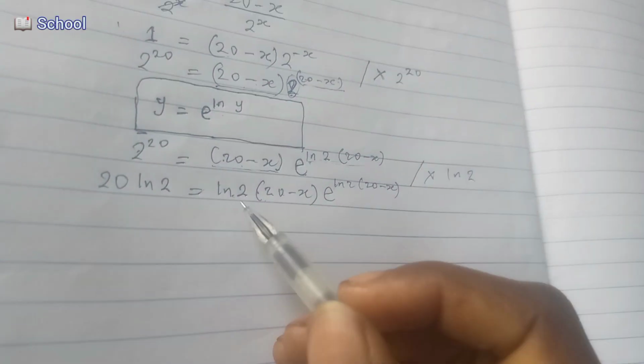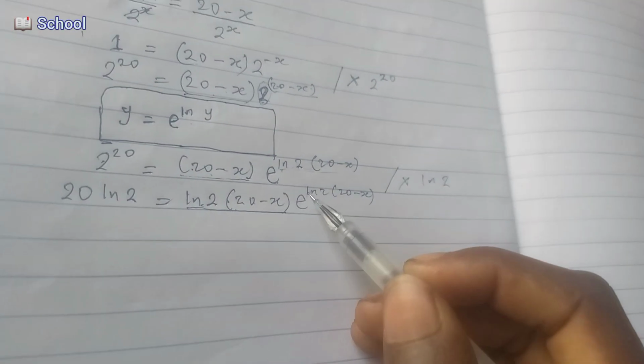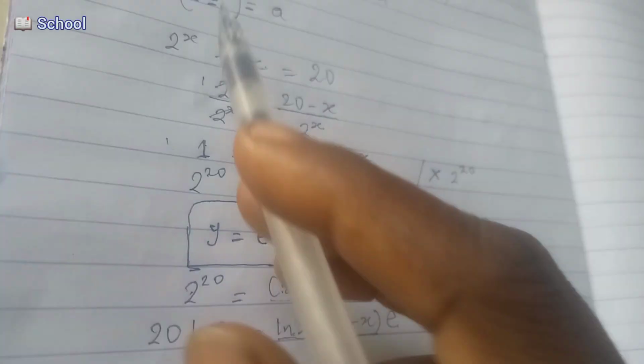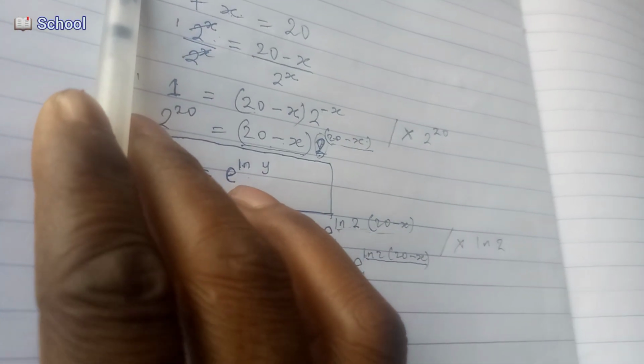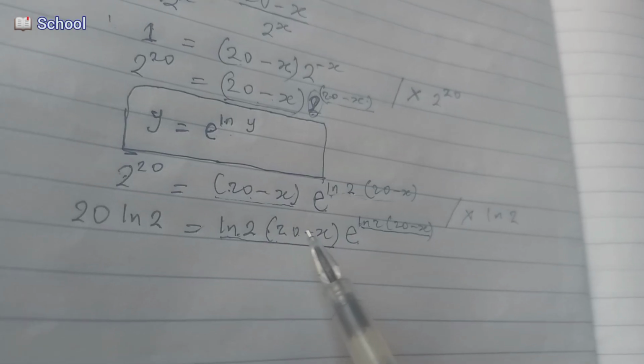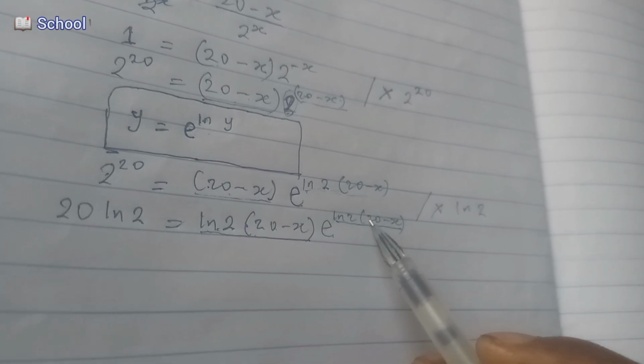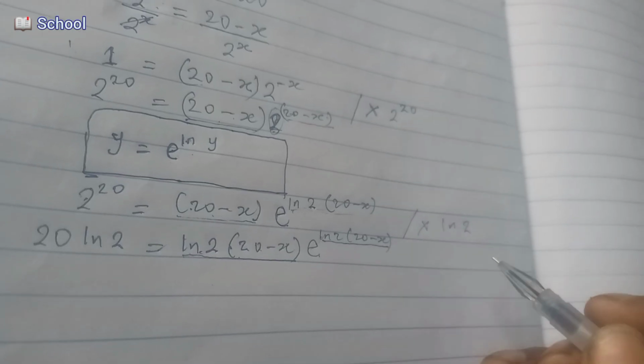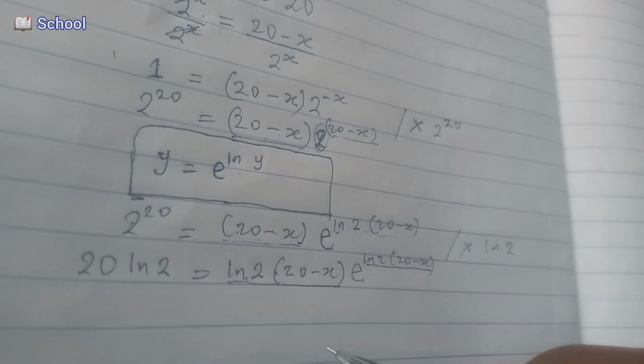Now observe that this here and this are the same, so we can apply the Lambert W function. The Lambert W function of ln 2 into bracket 20 minus x, times exponential ln 2 into bracket 20 minus x, is equal to ln 2 into bracket 20 minus x, right? So let's just make it clear here.